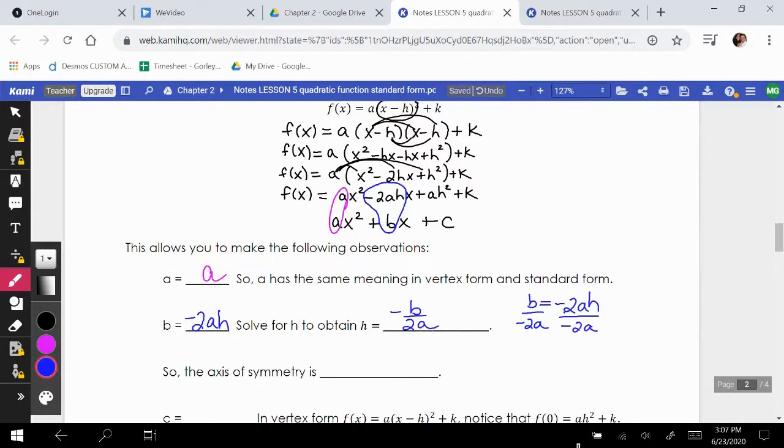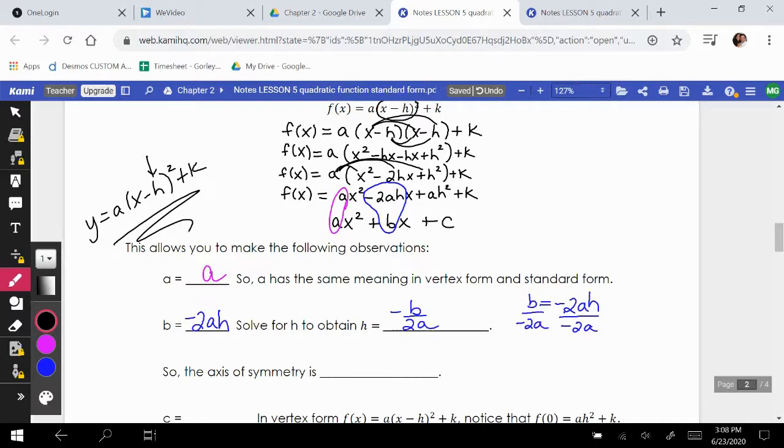Why is h so important here? Think back to why h was important in vertex form. What did h represent in vertex form? h gave you the x value of your vertex, right? So we want to know how to get the x value of your vertex in standard form.